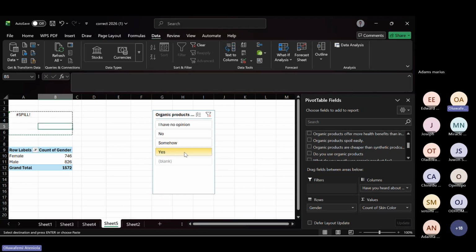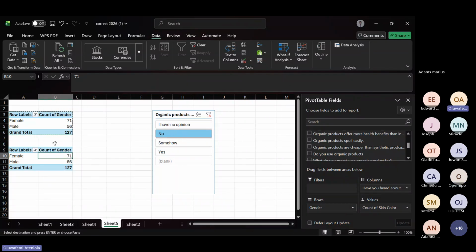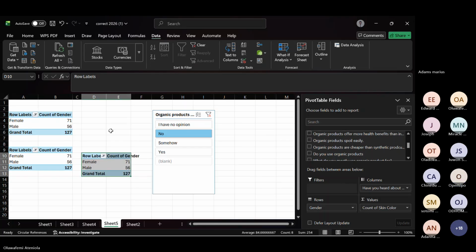Just hold on. Control Z, good. So if I ask no, good. So inside of this one, please just hold on. Excel is beginning to lag right now. Inside of this one now, I can say, do you use organic products?